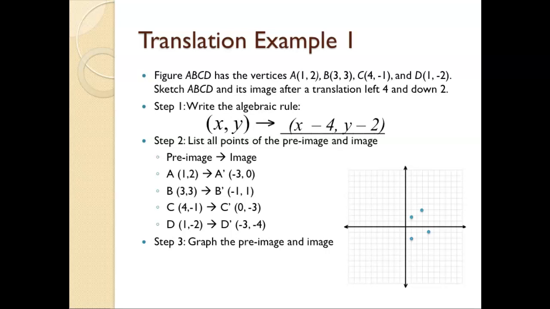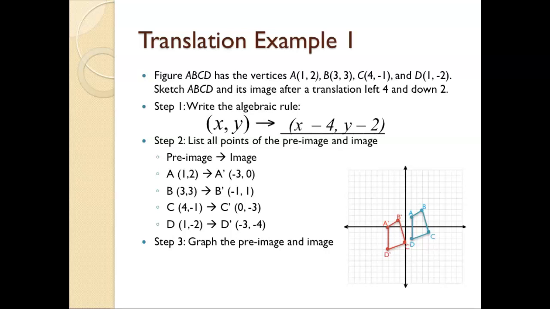I'm going to connect all of those points, from A to B to C to D. And then we graph all the points of the image: negative 3, 0, negative 1, 1, 0, negative 3, and negative 3, negative 4. Again, connect those. It would be helpful to also write out what those vertices are, so A, B, C, and D, and in the image, that's A prime, B prime, C prime, and D prime.